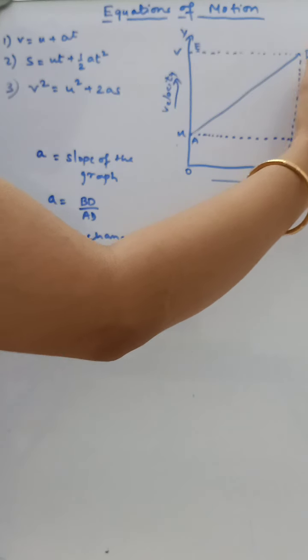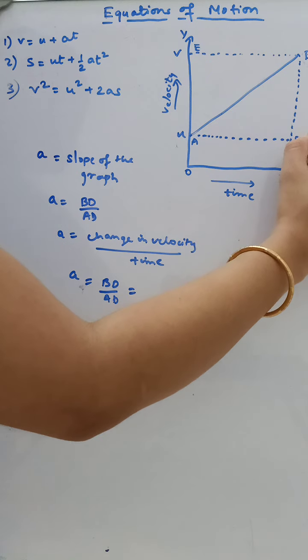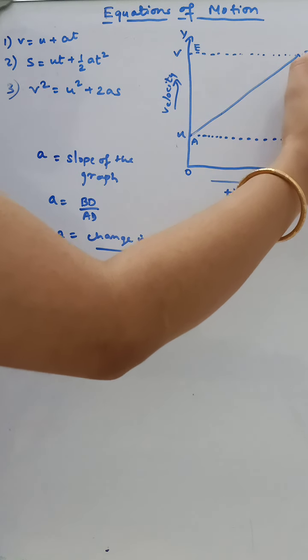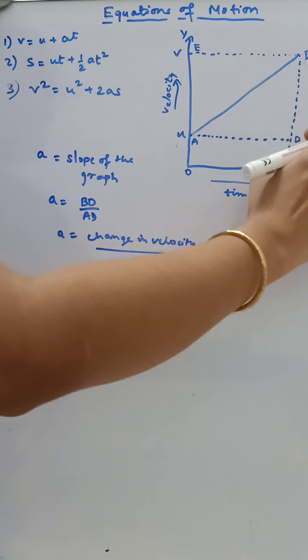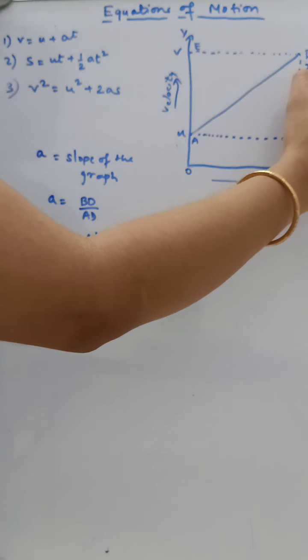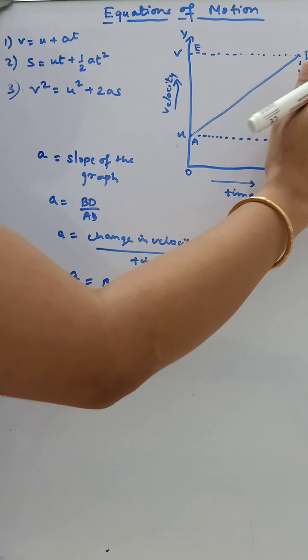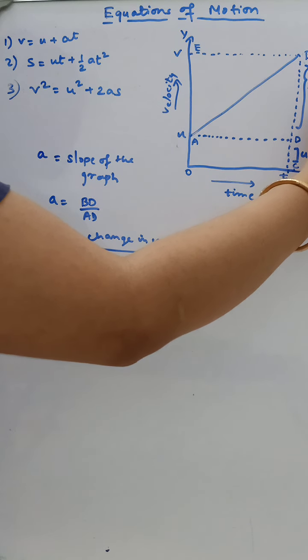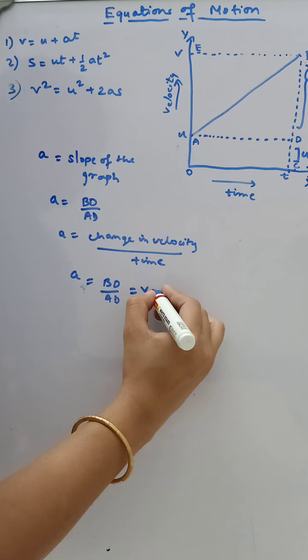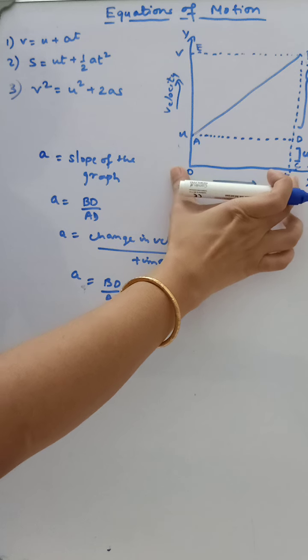What is the value of BD? BC is equal to v and DC is equal to u. So BD will be v minus u. So you can write BD as v minus u, and AD is time, t seconds.